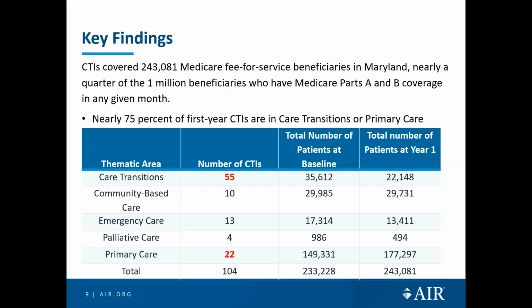And looking at the breakdown by thematic area, we see that care transitions and primary care represented the bulk of the CTIs, nearly 75% of the first year CTIs between those two thematic areas.